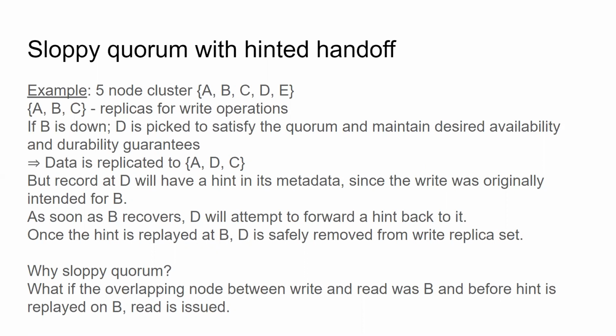Now in this cluster of 5 nodes, let's say you don't have 3 nodes available, and for write you need 3 nodes for the write quorum. Then you are not able to satisfy your quorum condition, so you cannot perform the write.